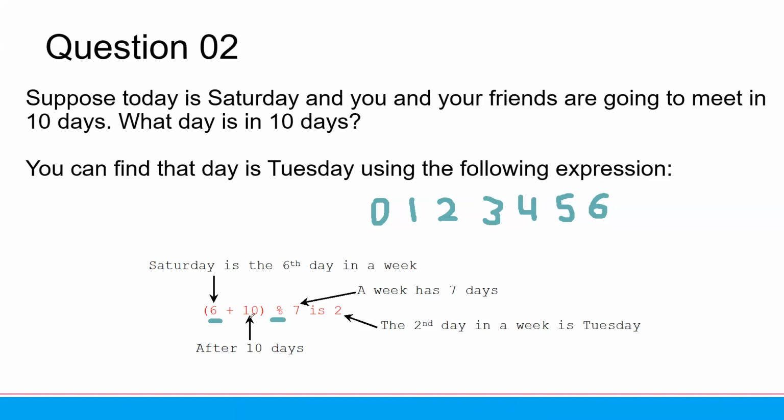So 6 is Saturday, today is Saturday, plus 10, which is the next 10 days. Of course, 6 plus 10 is 16. I cannot know what the day is. In order to find the day, I can just do modulus 7, because in 1 week there are 7 days. After we do modulus 7, the remainder is 2. And 2 is Tuesday.